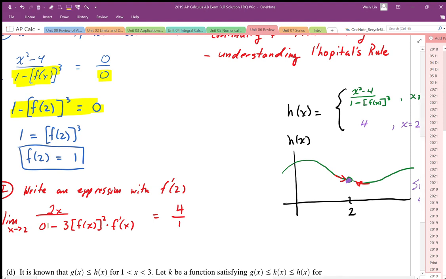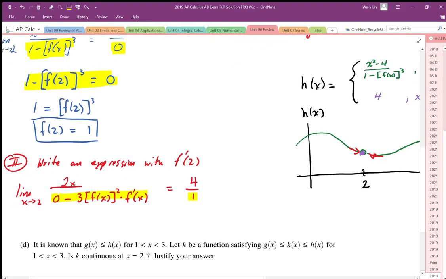So then I can equate this expression with that. Okay, so the numerator, when I evaluate, I get the 4 there. And so then I can write a separate equation here of 0 minus 3 of f of 2 squared times f prime at 2 must be equal to 1. And that comes from the denominator of that expression.